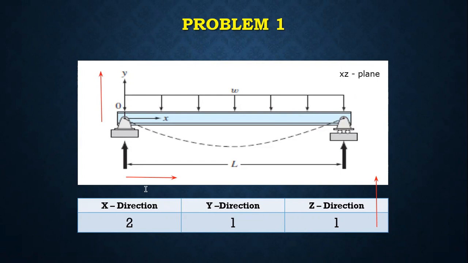Then how are we going to decide the number of lines required along the X direction? It depends upon the number of main supports. Here the main supports are one hinge support and another roller support, so there are two supports. And what about the Y direction?